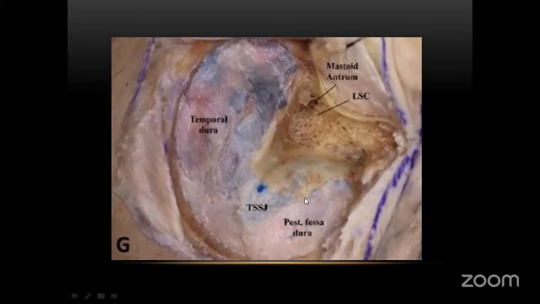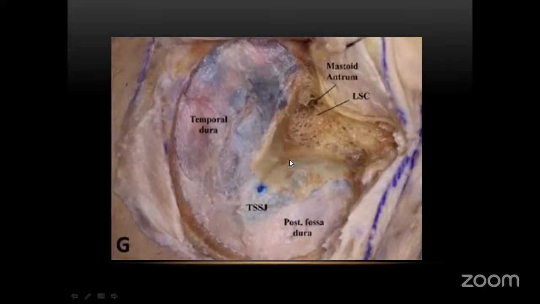We discussed that for extradural exposure, it's very important that we should know the three landmarks: the zygomatic, the mastoid tip, and the asterion, that is the junction of the sigmoid sinus and transverse sinus. After this exposure, we have to nibble this bone carefully and extradurally without hurting the sigmoid sinus.